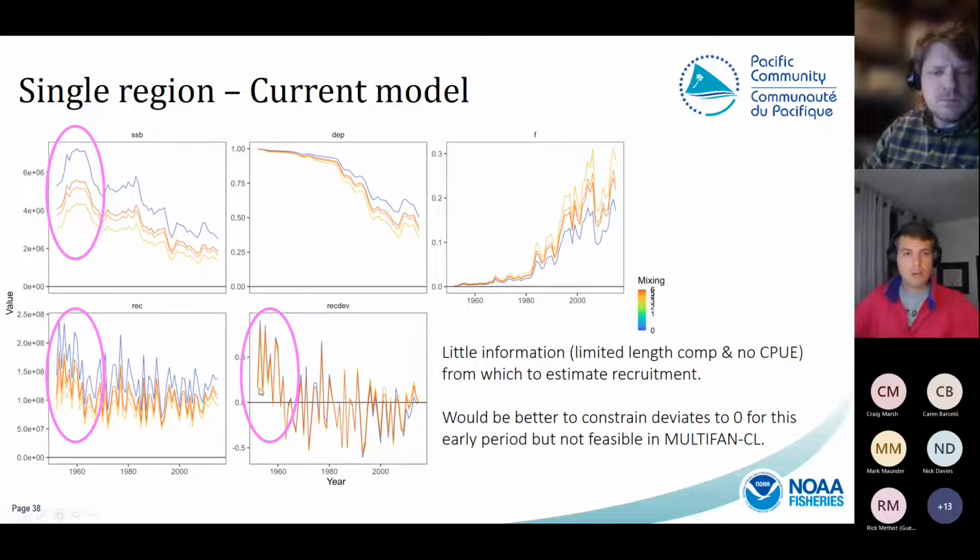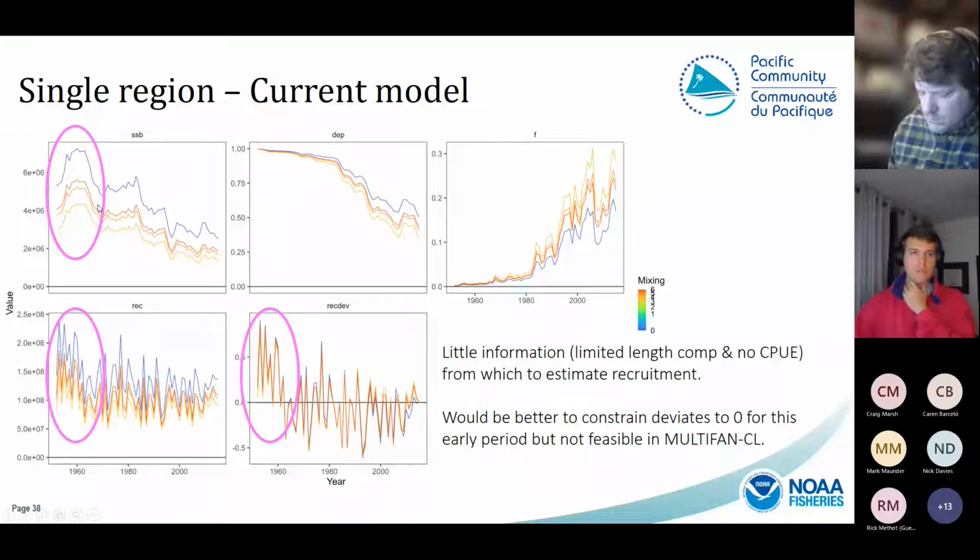And I think that's something that we would like to see, because this kind of jump in biomass is really spurious. The model is chasing very few composition data here, and it's not real.